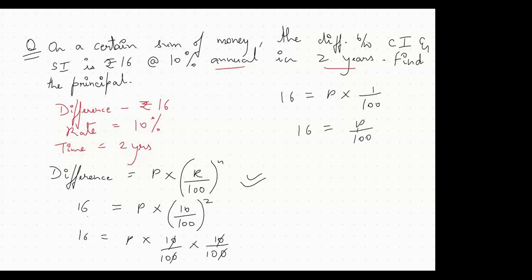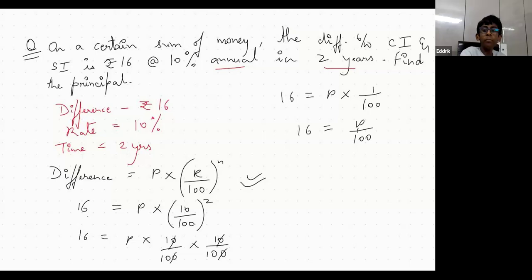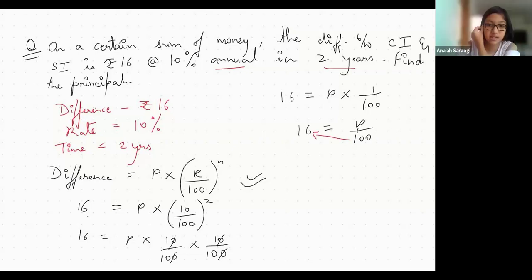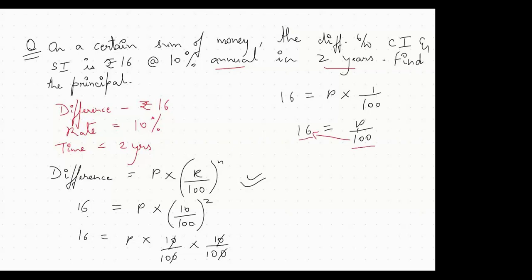This way also you can solve. So now you can cross multiply 16 and 100. P equals to 16 into 100.